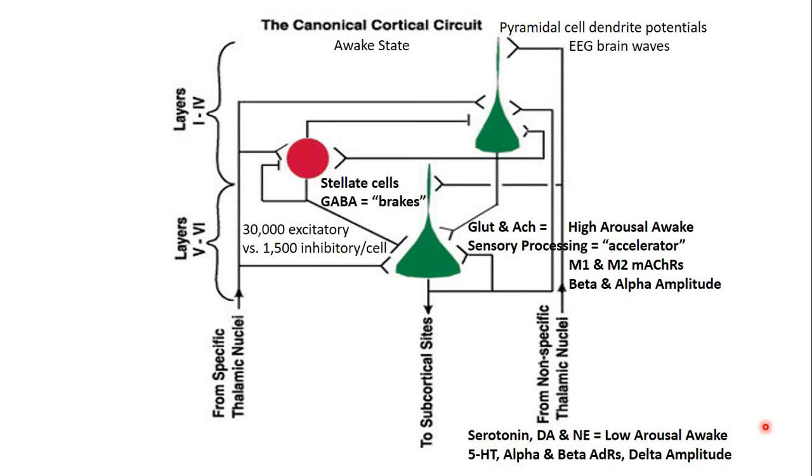So the low arousal awake state is predominated by serotonin, dopamine, and norepinephrine. Dopamine is primarily coming from the limbic system and the reward pathways of the brainstem, called the ventral tegmentum and the nucleus accumbens, and norepinephrine, as we said, from the locus ceruleus, and a little bit of dopamine from the locus ceruleus, but very little.